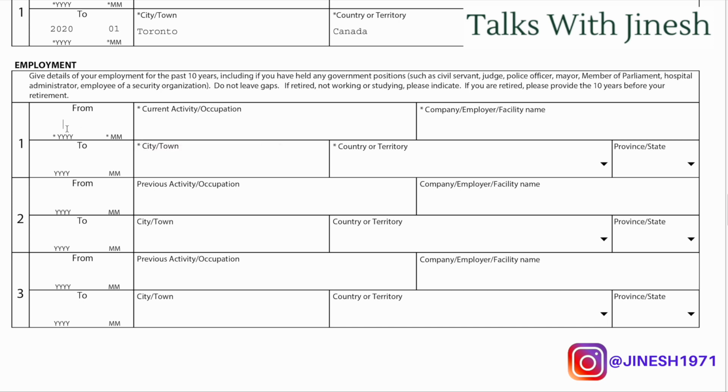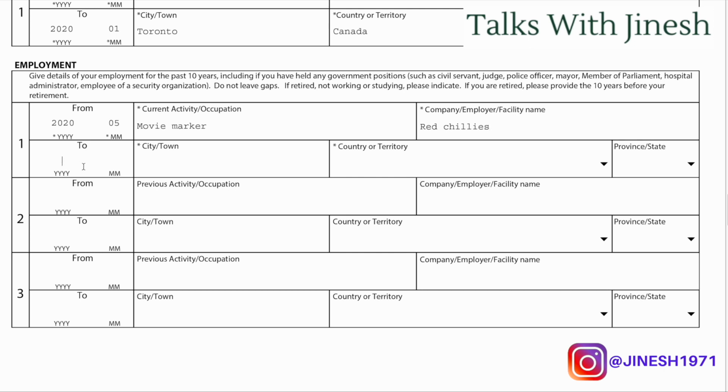So from, let's just say this person, Shah Rukh Khan, got his job on the 5th month, and then what's his job? Let's say movie maker, company name, Red Chilies.